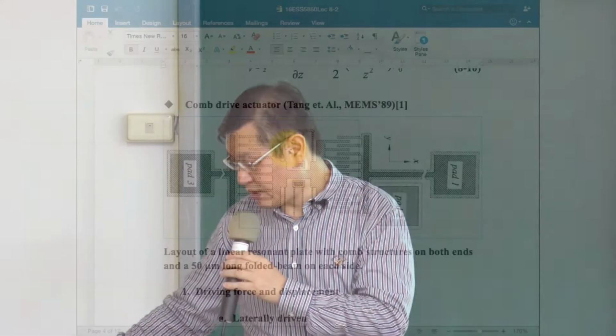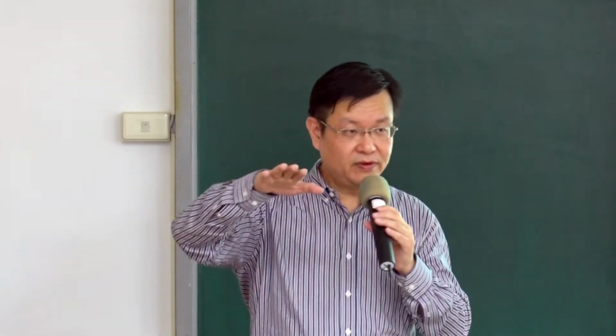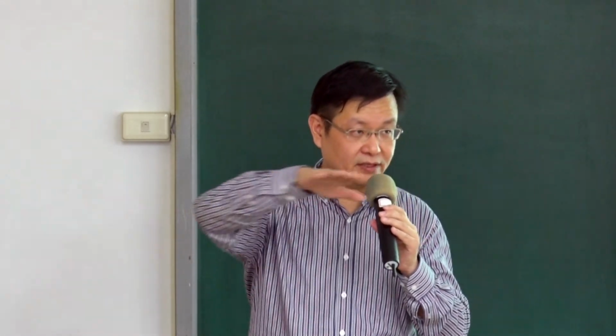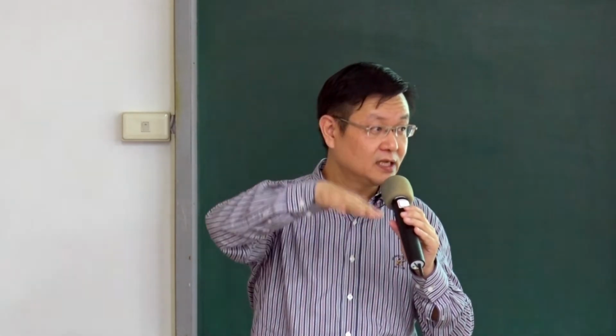The supporting structures shown here are the spring structures. Those springs are made like a cantilever. Remember in the accelerometer design, the cantilever moves up and down, right? But here we move laterally. The deformation of the spring moves laterally instead of up and down.